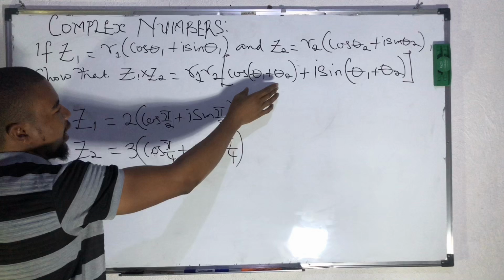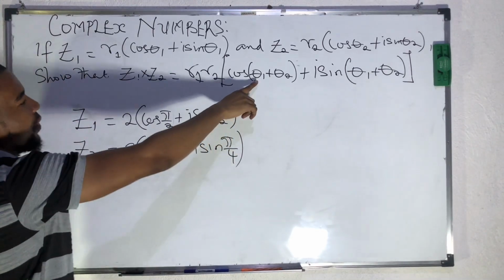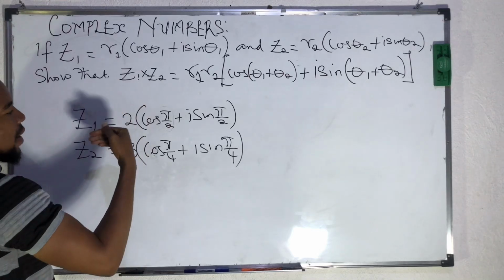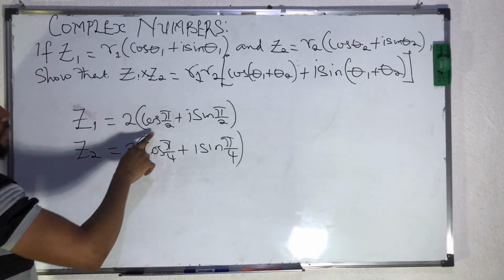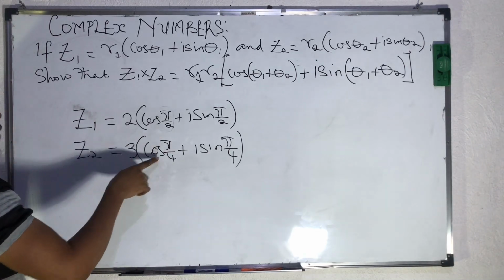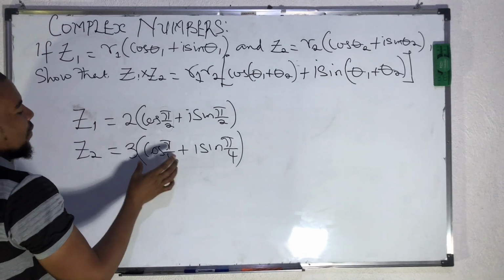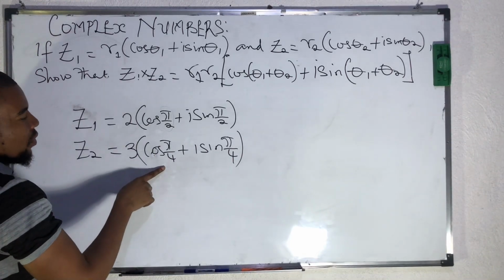Then we take their arguments. Here we have theta 1, which is the first argument, and theta 2, the second argument of the other complex number, which is π/4.